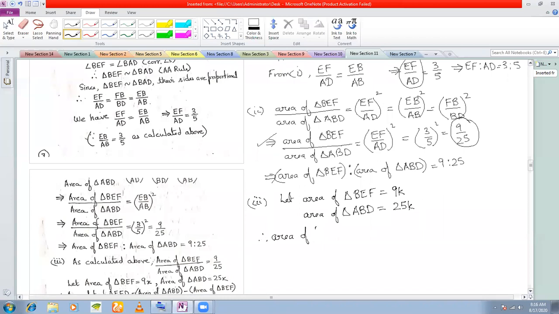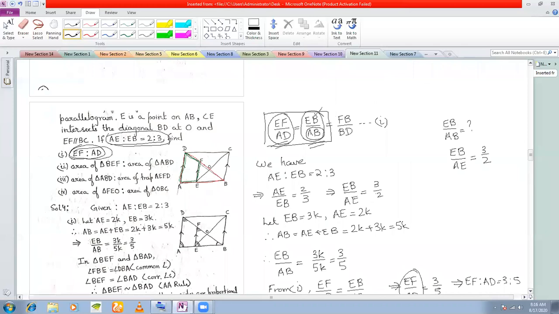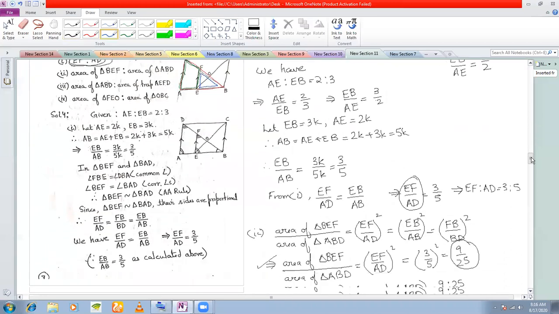Therefore, what is the area of the trapezium? That green trapezium. If you see the figure, what is the area of this green trapezium? It is the area of this red triangle minus the area of this blue triangle, right? BEF. So we subtract.